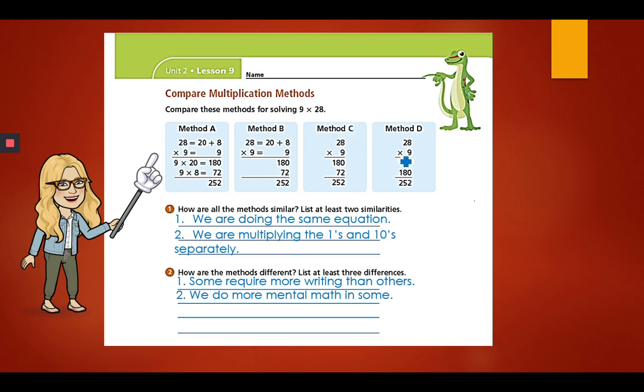And you can see that's true because we have to remember that we're multiplying the ones and the tens separately in these 2 problems. Then my last way is that in D, we multiply the ones first. And that's way different than all of the other 3 that we've done.